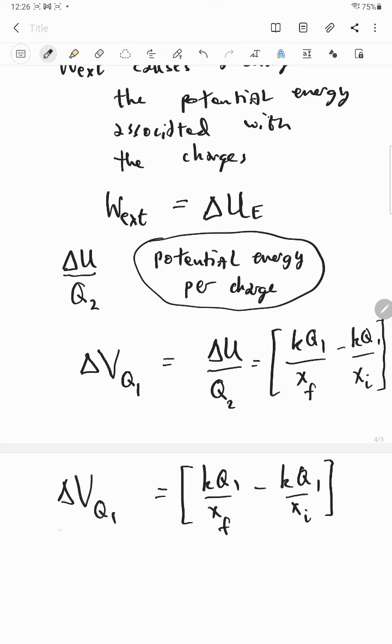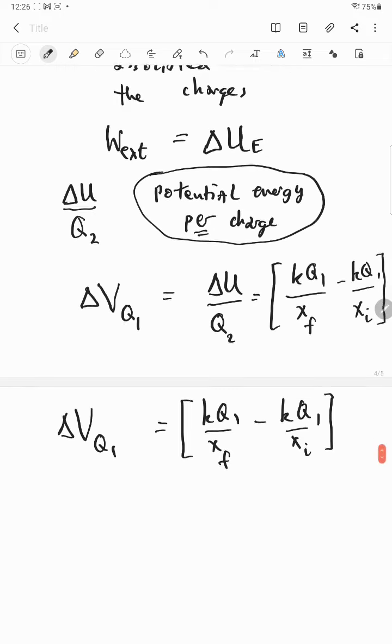You notice that everything is written in terms of Q1 now. I've hidden Q2 because now I'm talking on a per charge basis. So I have this thing called the potential difference.